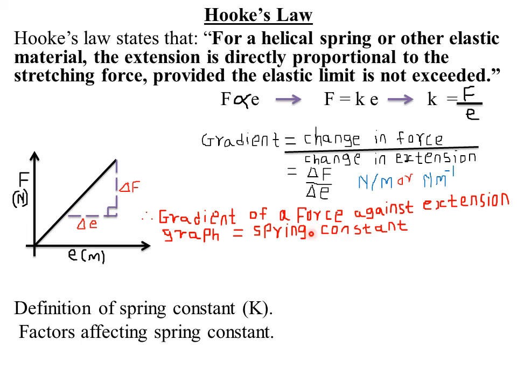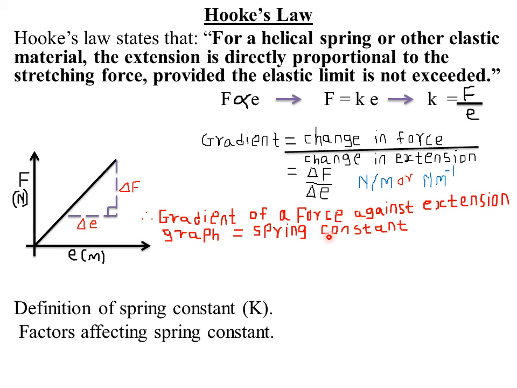This is very essential and paramount in calculations and also in practicals, because in a practical or in a calculation, somebody will just ask you to find the spring constant of the spring. So it is upon you to know that the gradient will always be equal to the spring constant.